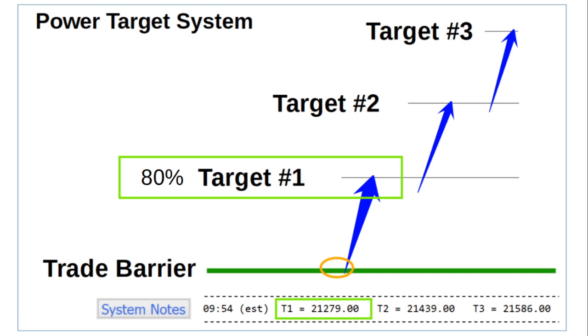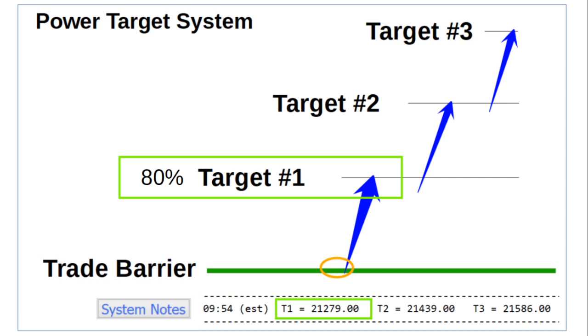So we have to have some way for you folks following this system at home to have an official confirmed entry. What that is, is we wait for a 1 minute bar to close past the trade barrier that's generated by the system. Once that's done, the easy way to do it is you just drop your contracts in. You don't have to think any more than that.